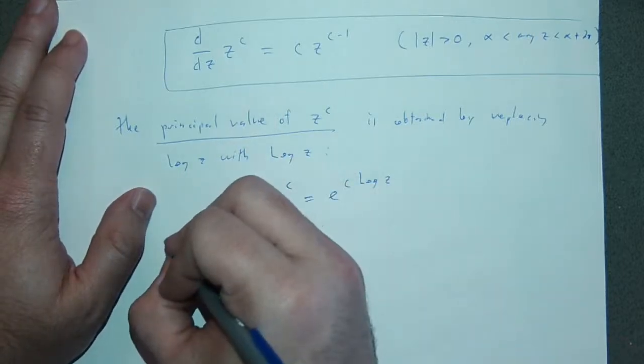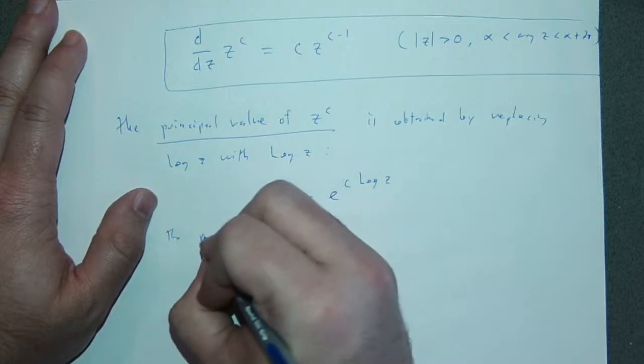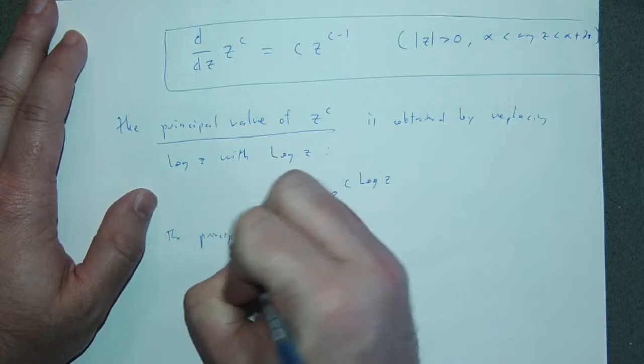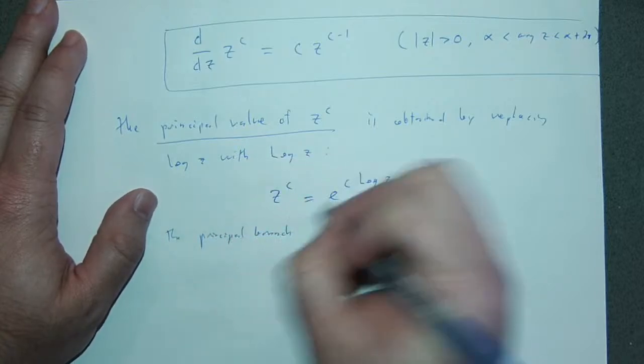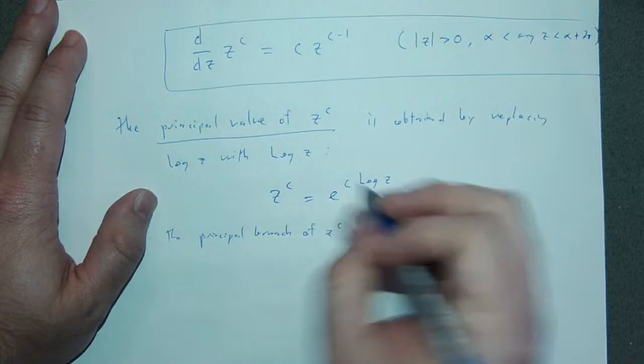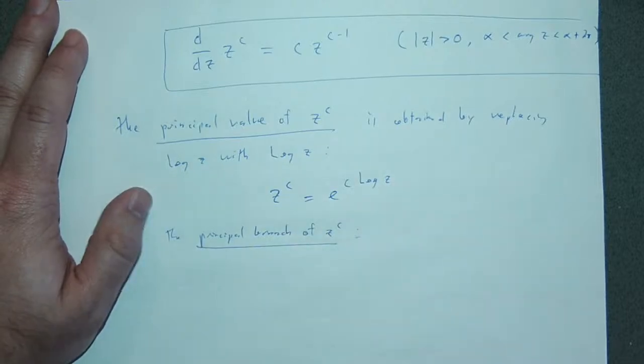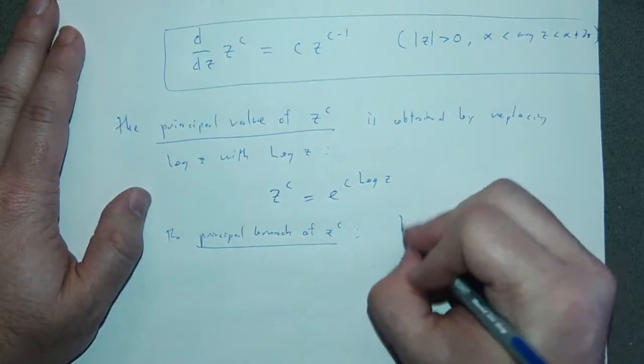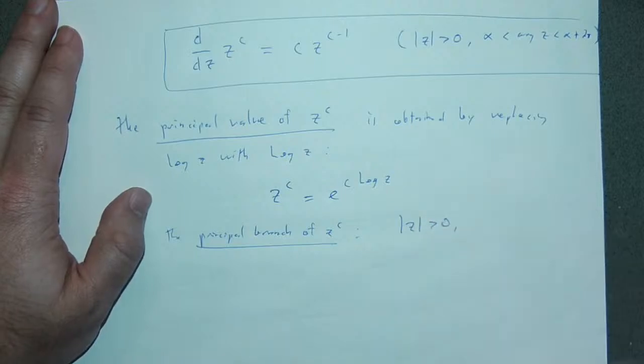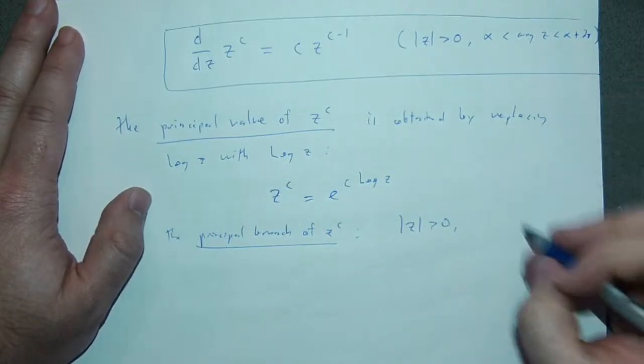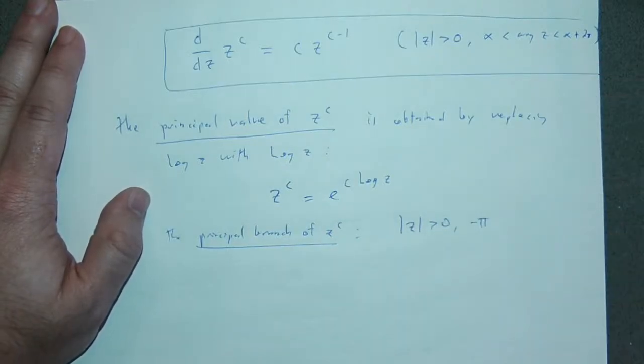So the principal branch of z to the c is, of course, exactly what you expect. It is modulus of z greater than 0, and the argument of z is strictly between minus pi and pi.